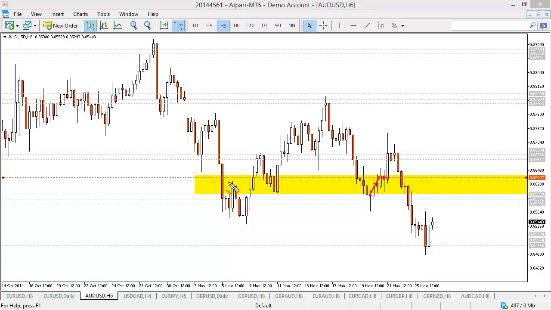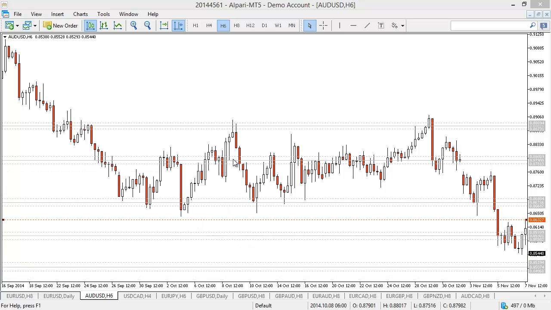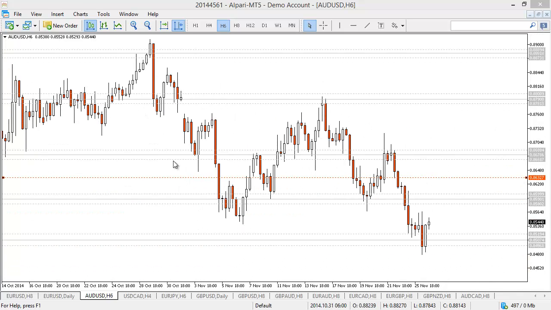Until volatility picks up again, until we start to see volatility like in 2008, or probably not as much, but until we get into higher volatility periods, I don't find breakout trading, breaks of support resistance areas, so going long when it breaks like this, to be that effective and that profitable.